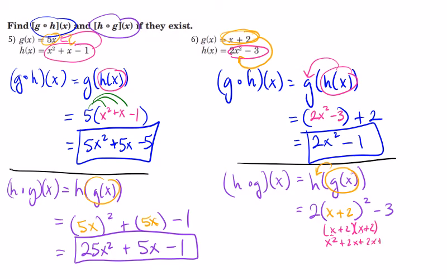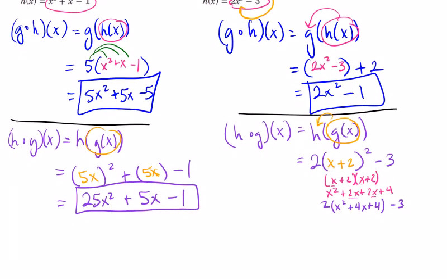And 2 times 2 is 4. Then we can combine like terms here. So we get x squared plus 4x plus 4. And then we bring down the 2, bring down the minus 3.